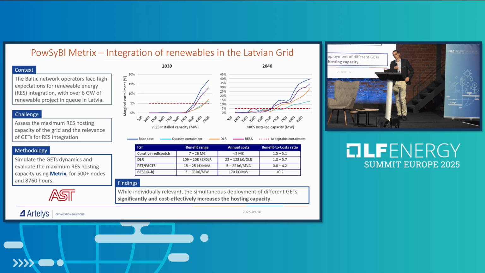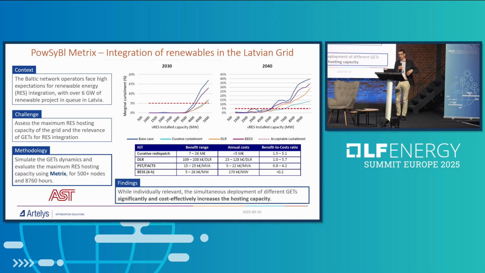And then if you have smart grid management, thanks to curative remedial actions or DLR, you can insert more renewables without curtailing them that much. So we computed the increased hosting capacity, that is how many more gigawatts of wind farms you can connect to the grid while remaining at 5% curtailment, which is quite useful for the TSO to plan the rollout of these technologies.